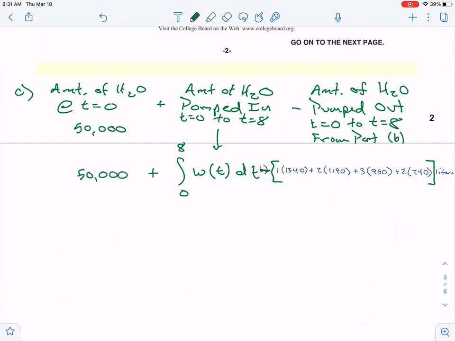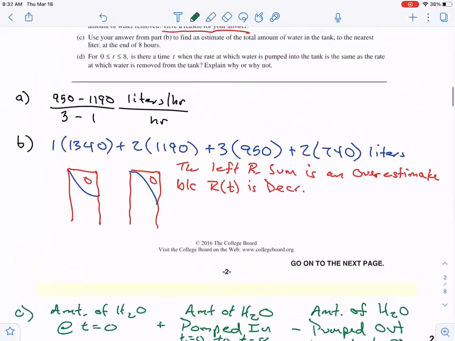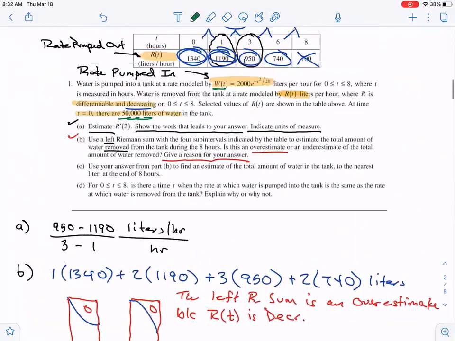Now, I can't leave my answer like that. I have to evaluate this. And this is where I'm going to use my calculator. Okay? So in my calculator, I'm going to go Math 9. Brings up my definite integral template, lower bound of 0, upper bound of 8. And then what I need to put in for my integrand is W of t.